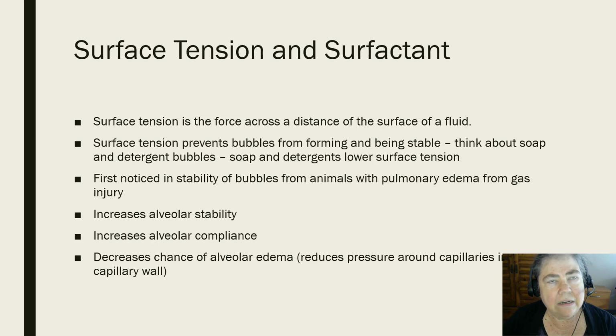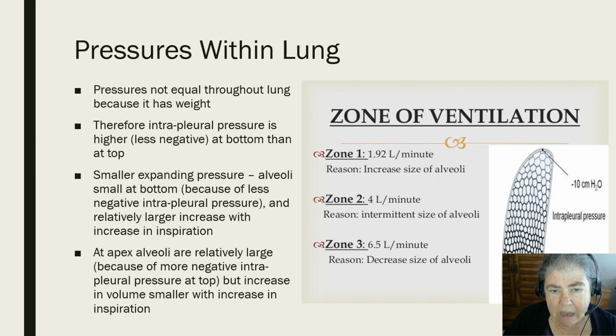Less surfactant or lack of surfactant results in, among other things, difficulty expanding because of decreased compliance and increased pulmonary edema. And in fact, that is the cause of a syndrome in neonates, kids who are born prior to making enough surfactant: infant respiratory distress syndrome.